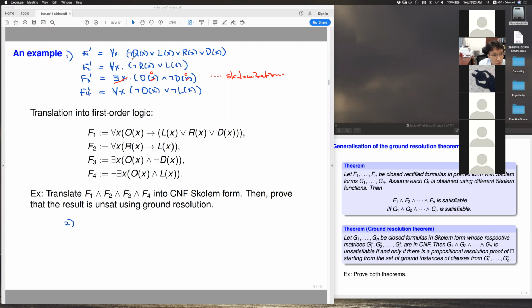So how to do this? We first instantiate the first one with the only constant that we know, which is the constant C. So if we instantiate this, we have negation of O of C, R of C, R of C, and D of C. Now this is one clause that can be obtained from the instantiations of F1 prime.